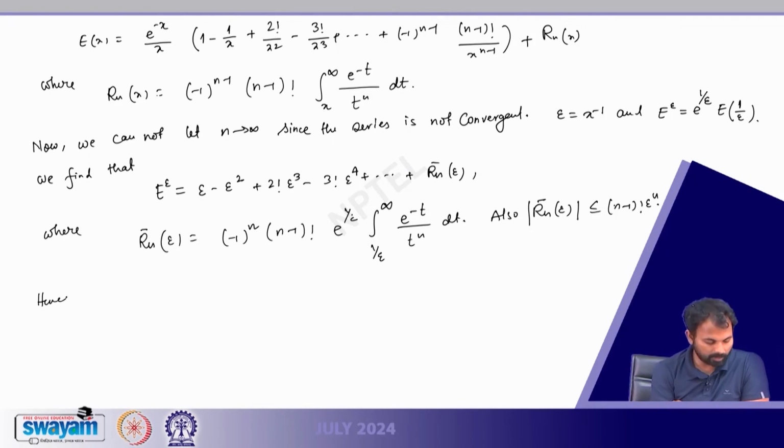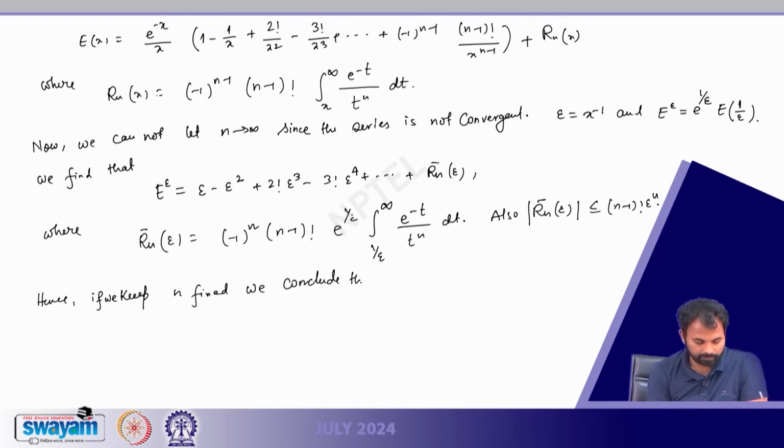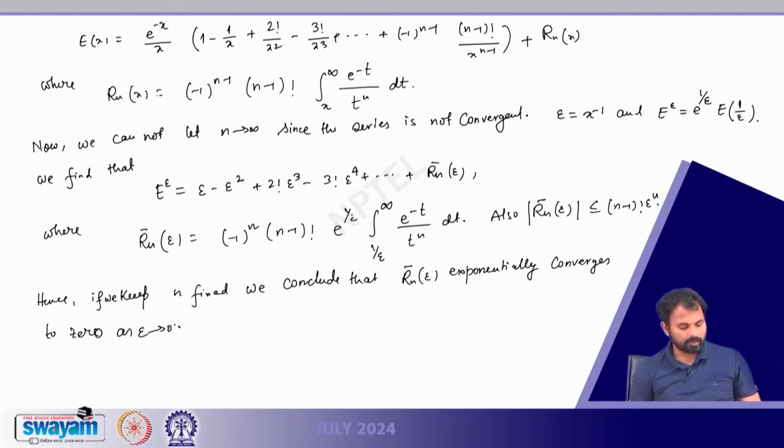Hence, now if we keep n fixed, we conclude that R n bar of epsilon exponentially converges to 0 as epsilon tends to 0, right.